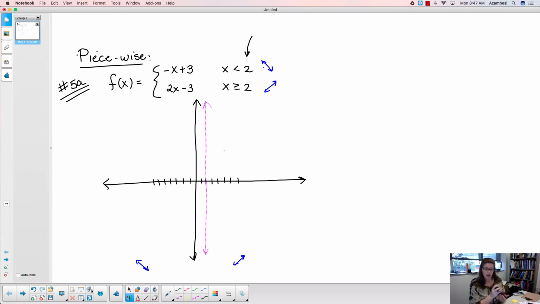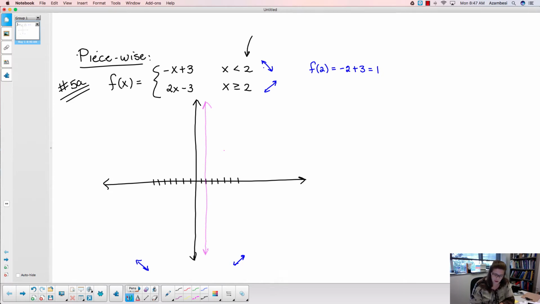All right, looking at the functions themselves, if I were to plug in 2 in the first function, f of 2 is negative 2 plus 3 gives me 1. Now that's going to be an open circle because we've got strictly less than.